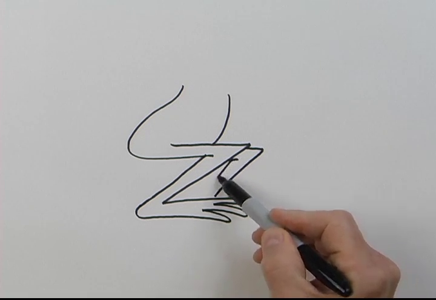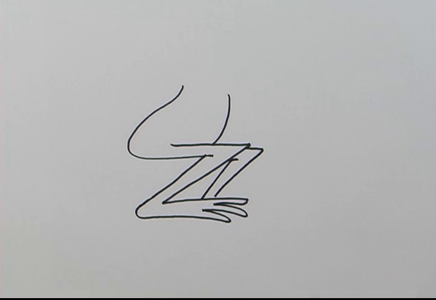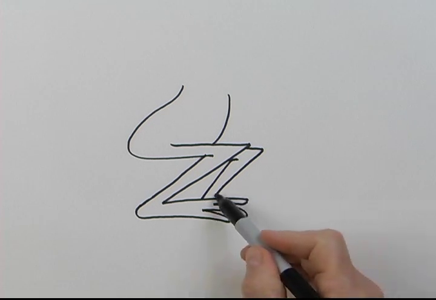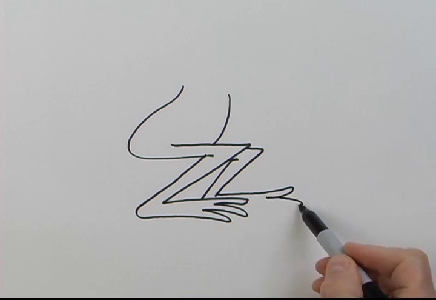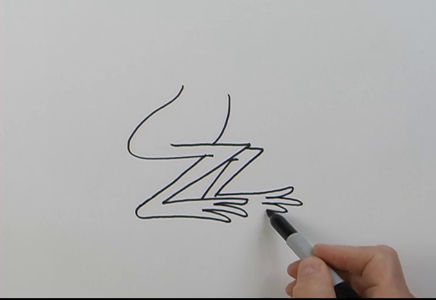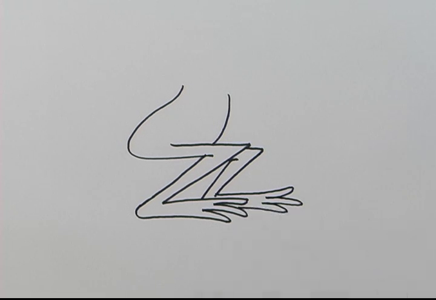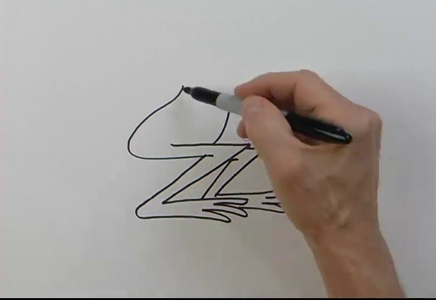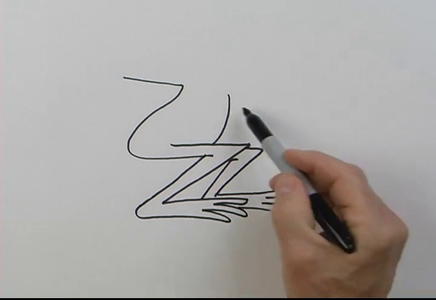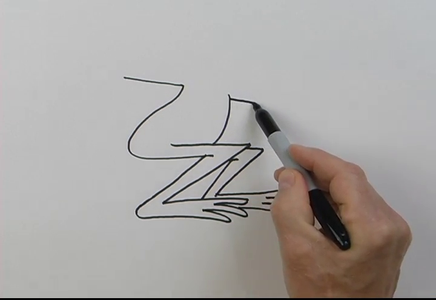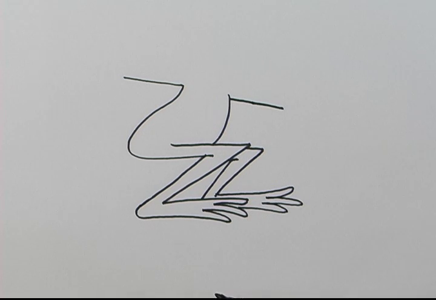What is this frog doing? We'll see. Draw the other foot. There we go. Now I'll make these toes. Now starting right here, I'm going to bring this line over, and right here I'll bring this other line over like that.